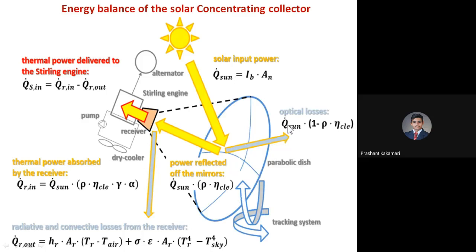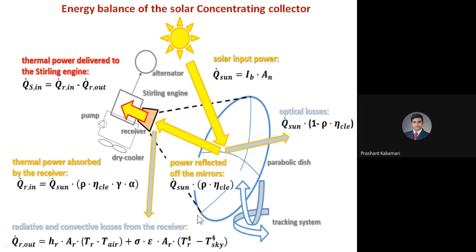That's the optical losses because of the misalignment, improper tracking system, or the optical errors. Maybe some mirrors are not working properly for the reflections. So in such a condition, they have taken this. That is given by 1 minus rho into the efficiency of the cycle. So those losses are considered with respect to the tracking system and other optical losses.